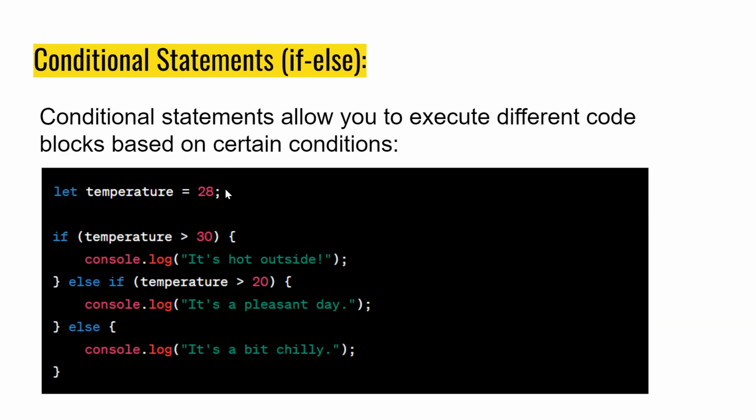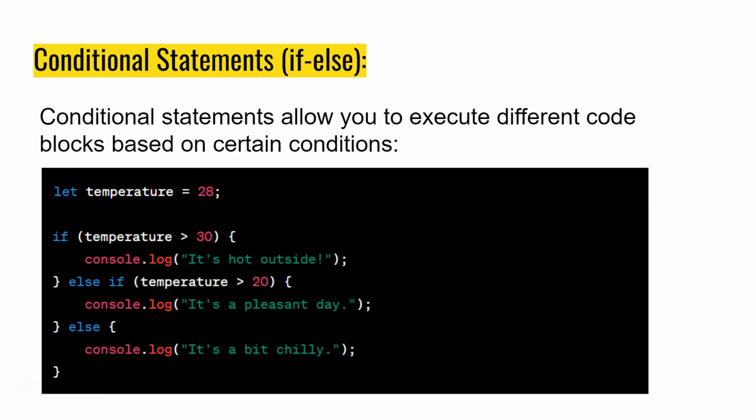Maybe checking the temperature of the day, for example. Let temperature equal to 28. Temperature is a variable, and this is the value 28. Now, this is the syntax: if, then you put your condition inside this bracket, followed by this curly bracket.